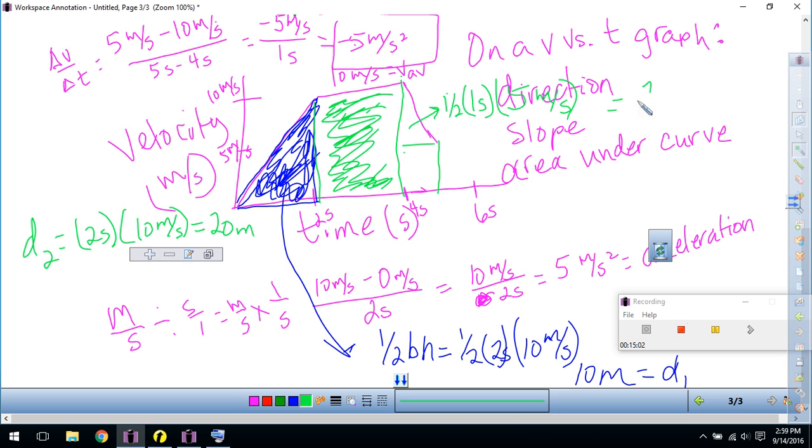So that's 2.5 meters. And then this rectangle here is going to be 1 second long and 5 meters per second right there. So there are an additional 5 meters there. So that person, while slowing down, covered 7.5 meters. Okay? So hopefully that will help you with the first two.